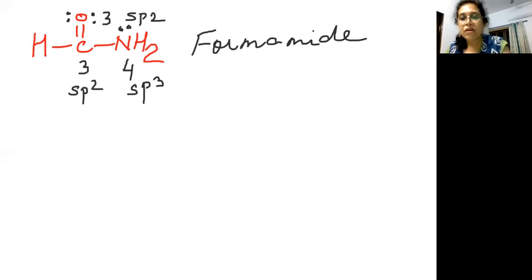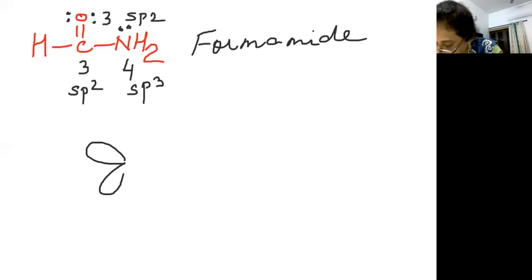First of all, we will make the multiple bond. So carbon, as I said, is sp2. So let us first draw our sp2 hybridized carbon. Then my oxygen is again sp2. So let me make my oxygen.